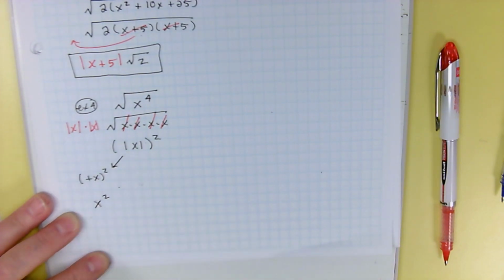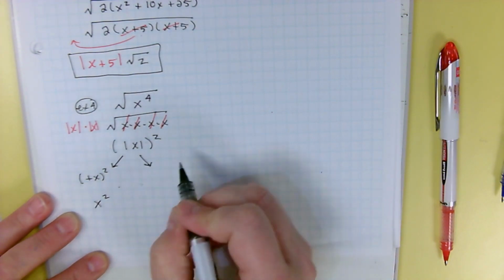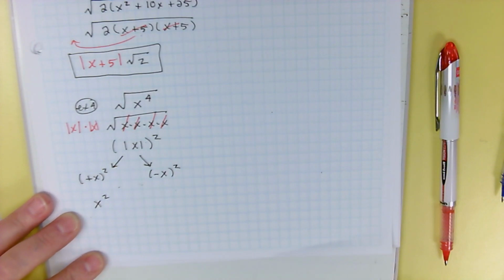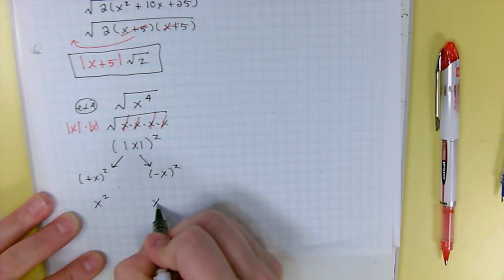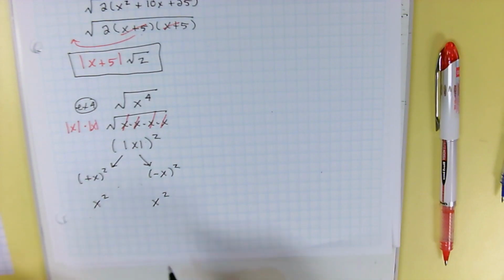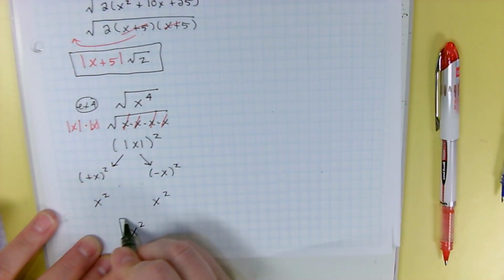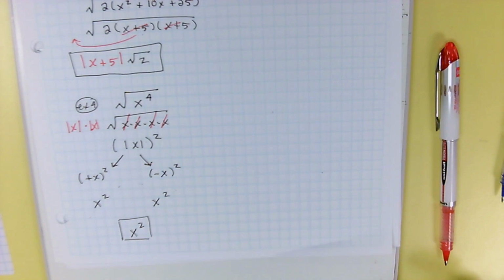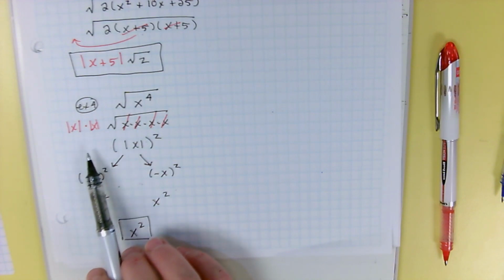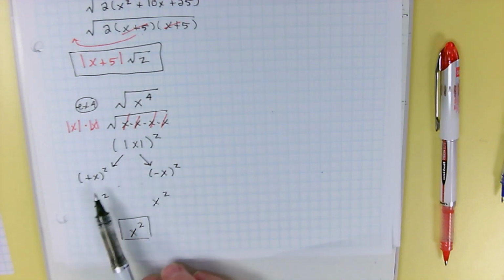If x is negative, I have a negative times a negative x, and a negative times a negative is a positive. So in both cases, whether it's positive or negative, when you square it, it ends up positive. So in this problem, your answer is x squared. It's not plus or minus, it's not absolute value. So if you pull an even number of x's out, the signs disappear because they square out.